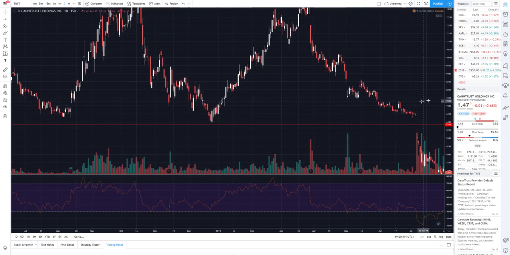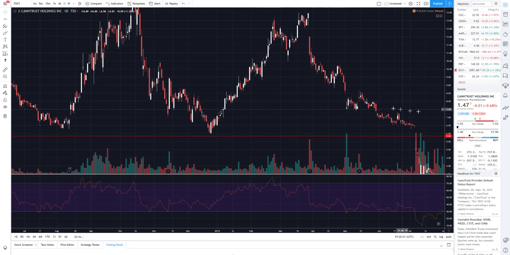Here's TRST, one last example. I was trying to trade it down here as it popped off here, and retested. I bought over here, so here's my stop loss.